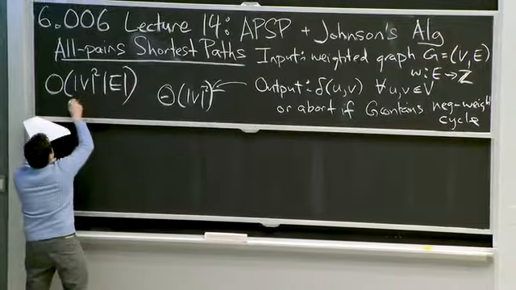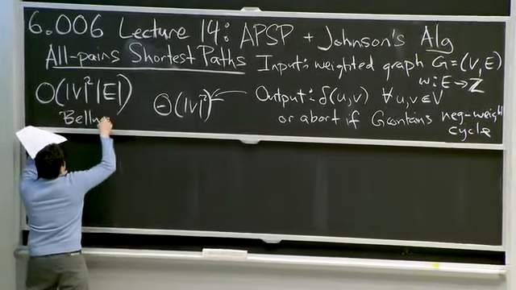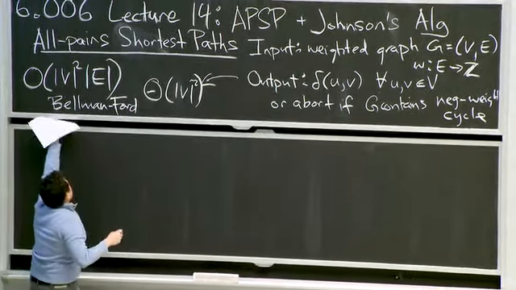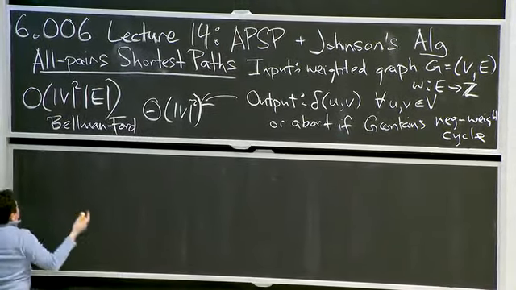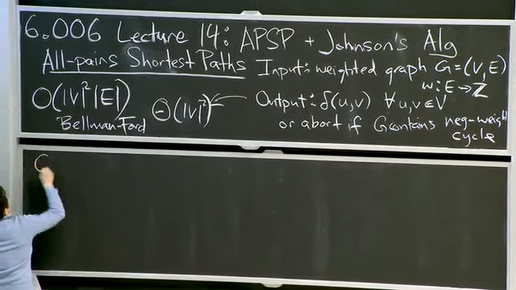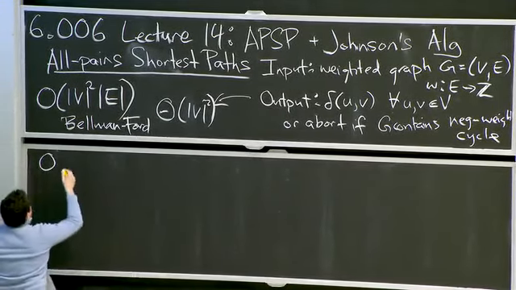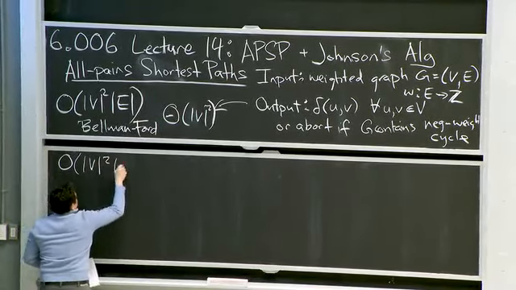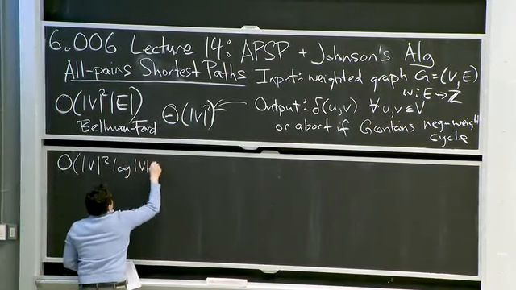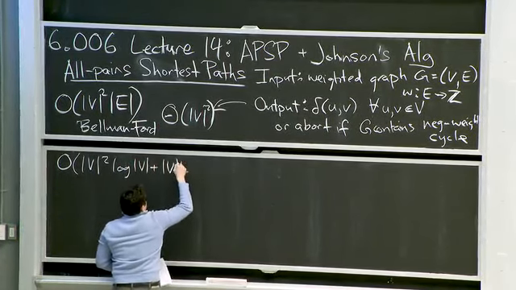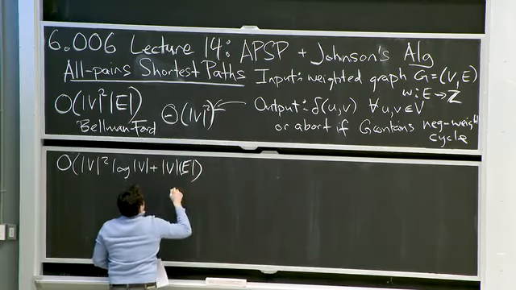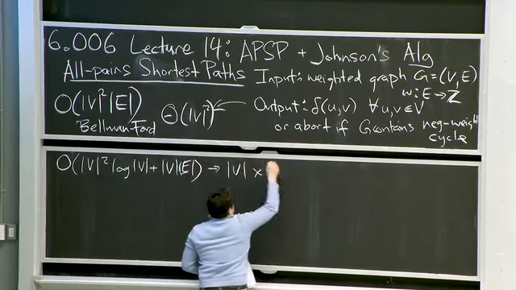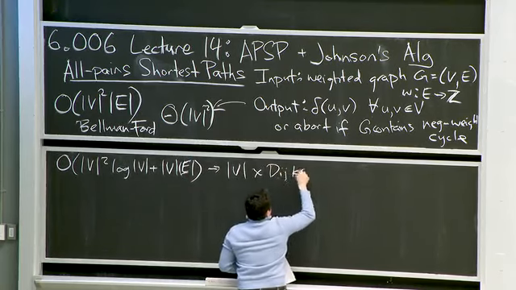This is what Bellman-Ford would give us. But if we had Dijkstra, for example, if we had all non-negative edge weights, we could get V squared log V plus V E time. This is V times Dijkstra.